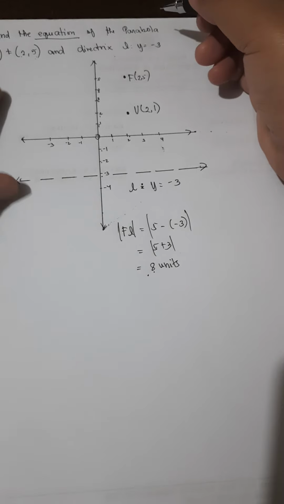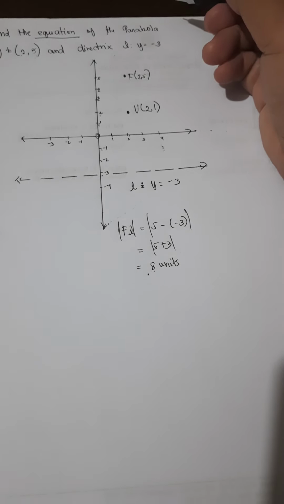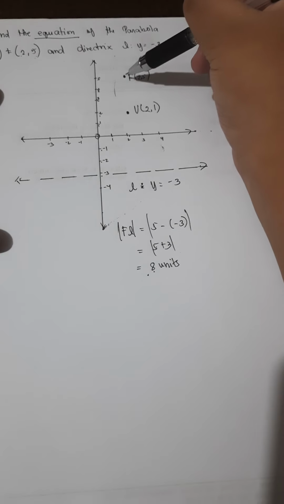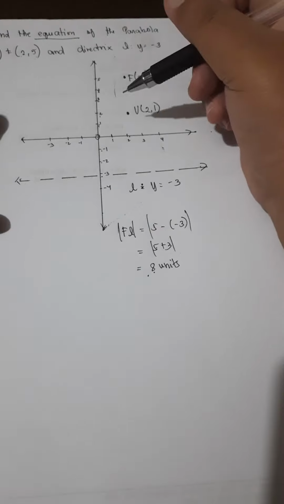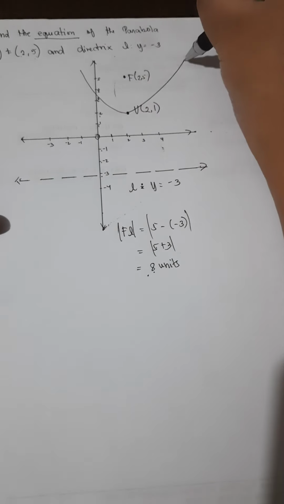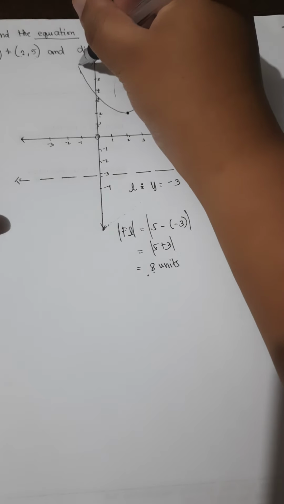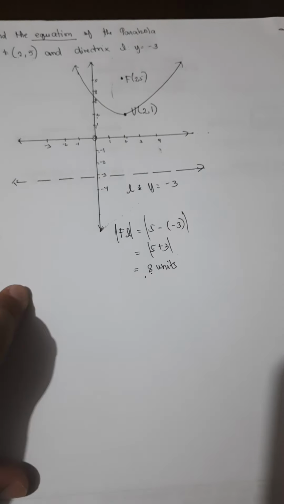Now, obviously, you can now determine the parabola kung saan siya naka-open. So, isn't it that yung focus always nandun siya sa loob? Okay, so, magiging ganyan ang ating parabola. So, it opens upward. Okay?